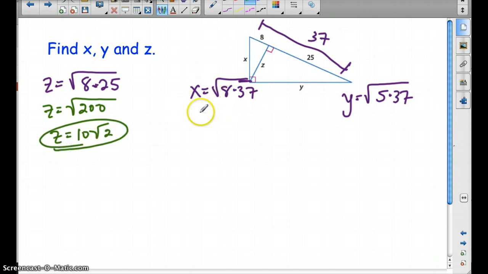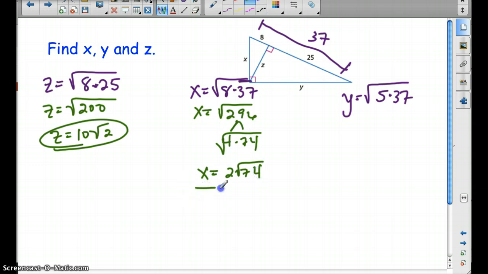x ends up being the square root of 296, and 4 goes into that. So we have 4 and 74, actually. So x equals 2 square roots of 74. y ends up being the square root of 925.